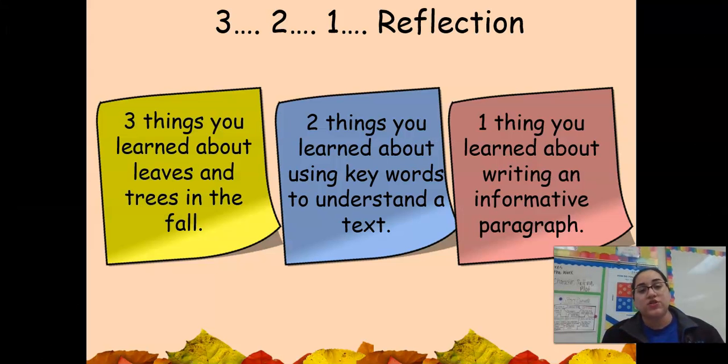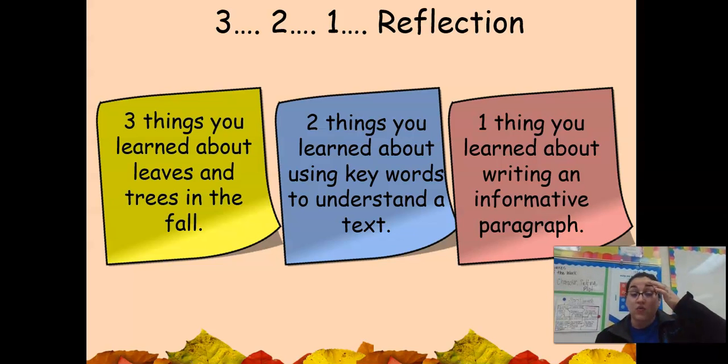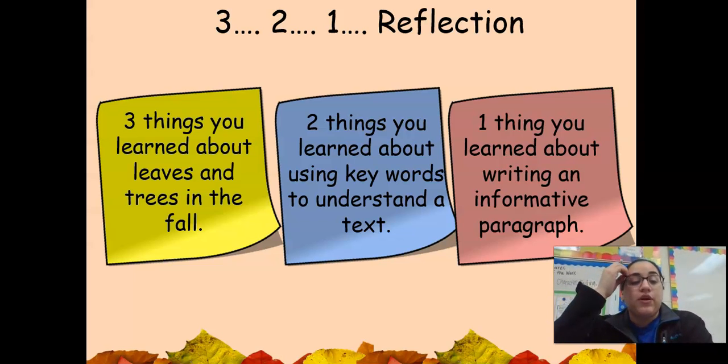So now we're going to do a small reflection. If you look carefully at the things that we have done, you will find yourself looking at all the knowledge that you have gained. In this one you will get 3 post-its. We will not give you post-its, but I want you to think of 3 things you learned about leaves and trees in fall. Think about those 3 things.